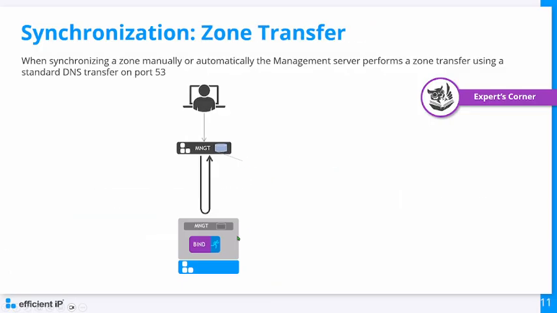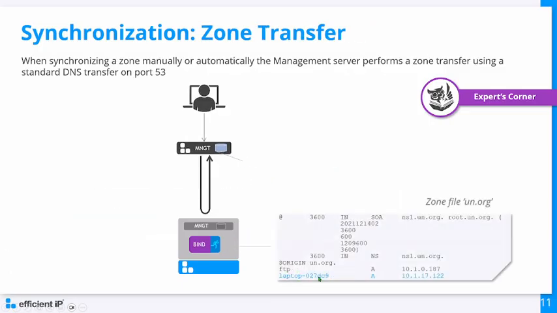So now, if a resource record is created on the zone file on the remote server DNS engine, you can see there is a new resource record in the zone file of the remote DNS engine.